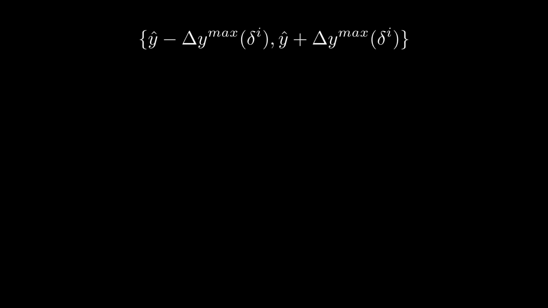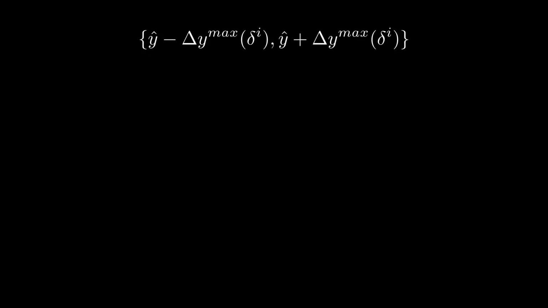Our interval will be symmetric around the point prediction y hat, where delta y max is the distance between upper or lower bounds and the prediction point. Obviously, that distance is a function of the desired intrinsic confidence level delta I. The higher the confidence level, the higher that distance. So let's rewrite the equation to incorporate this.